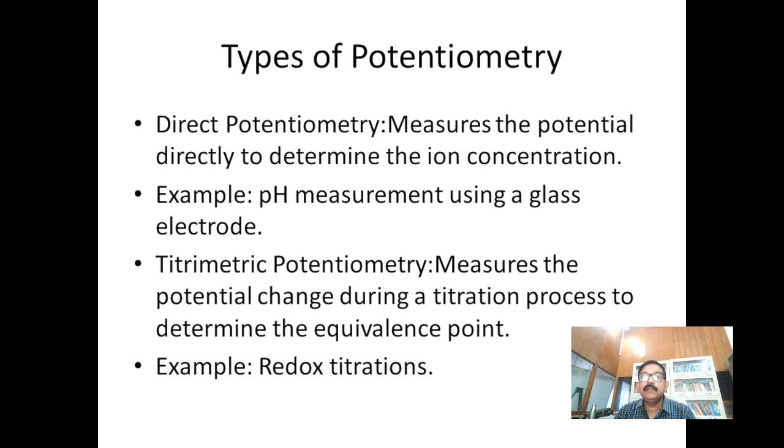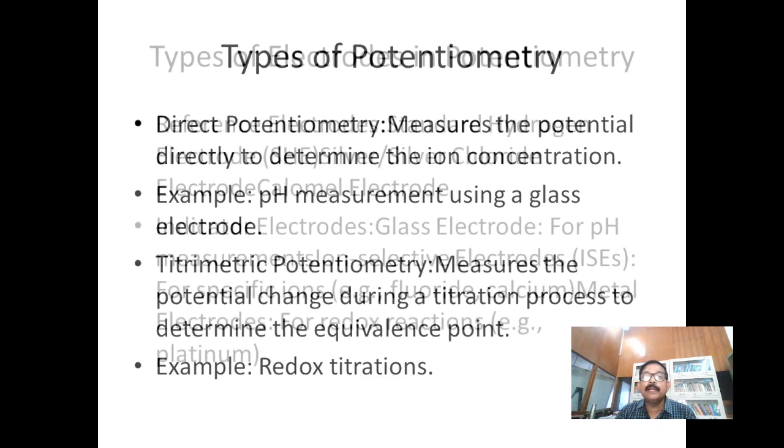Titrometric potentiometry measures the potential changes during a titration process to determine the equivalence point. An example is redox titrations. So these are the two types of potentiometry.